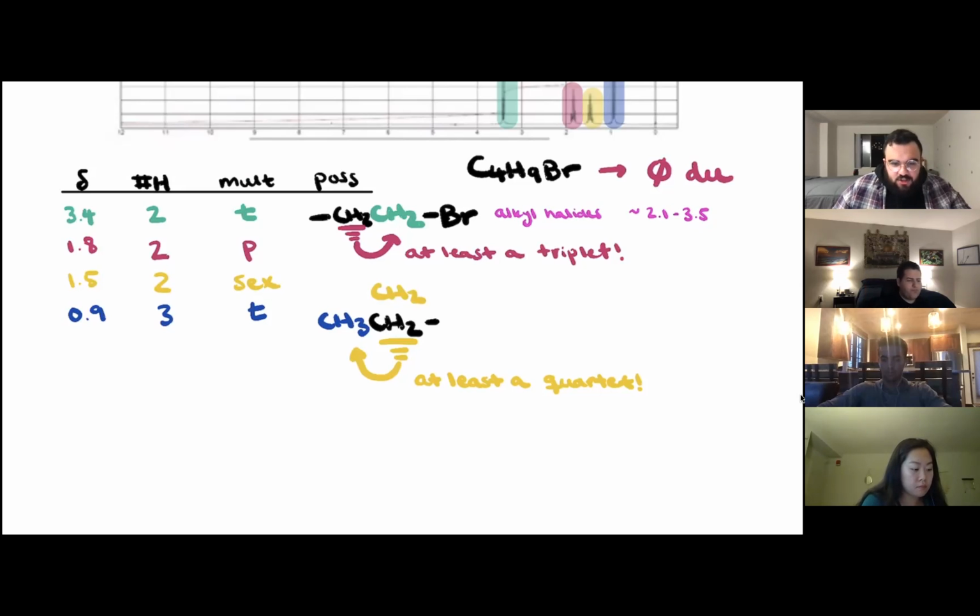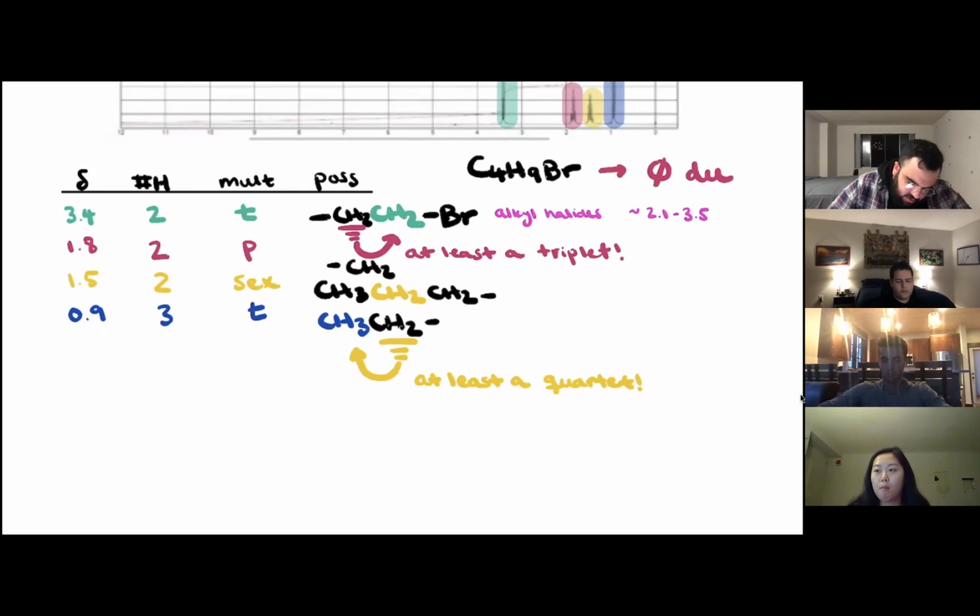With a CH2, that's pretty much the only way you can get a sextet, those 5 neighbors that you see right there. And then for that last pentet that you see over here, it would have 4 neighbors, pretty easily could be a CH2 that's smushed between 2 CH2s, right as you see here.